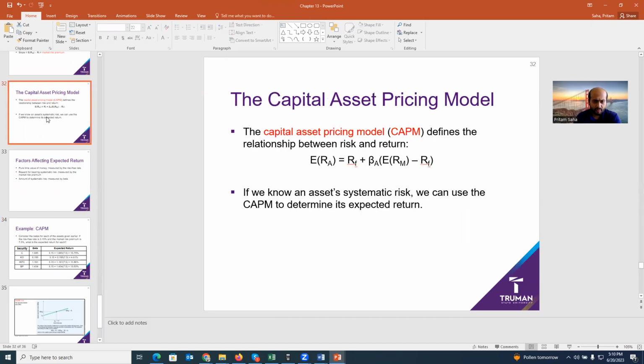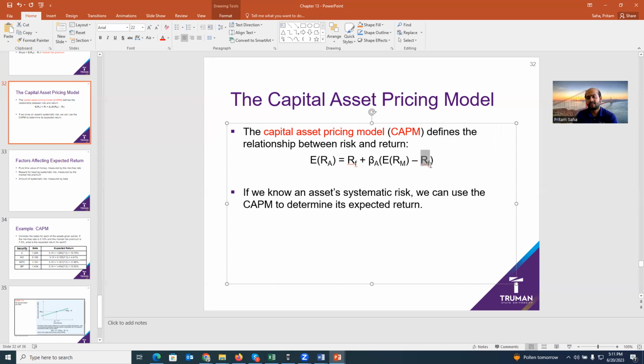Now, from the formula, this value is the same for whatever security you're using, because the risk-free rate is the rate on treasury bills. It doesn't matter whether you're talking about stock K, stock C, whatever. In the CAPM equation, RF should be the same value, and the expected return on the market should also be the same value.